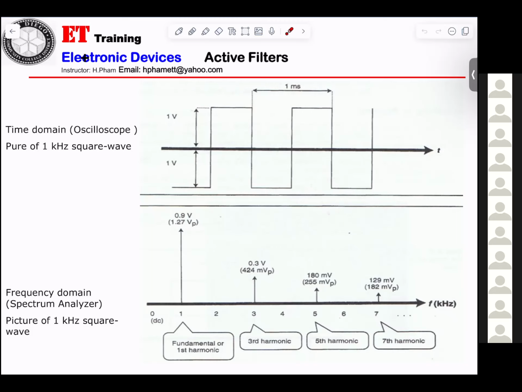Later on, maybe will be changing. That means we try to include the spectrum analyzer when you're working in the lab.